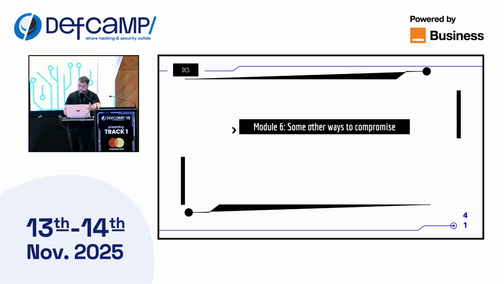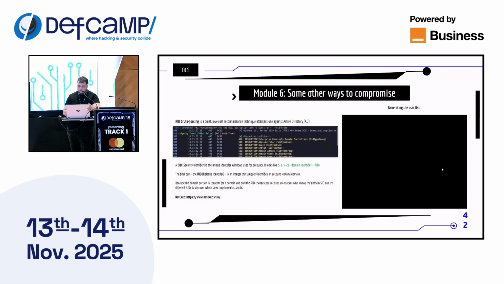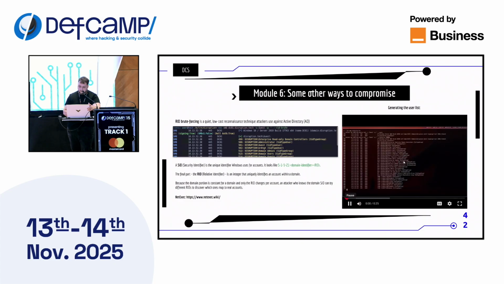Some other ways to compromise if we are inside of an organization would be if we have access to a domain controller with guest authentication, we could brute force all the users by brute forcing the relative identifier, which is an integer that uniquely identifies an account within a domain, and then create a username list with those accounts.